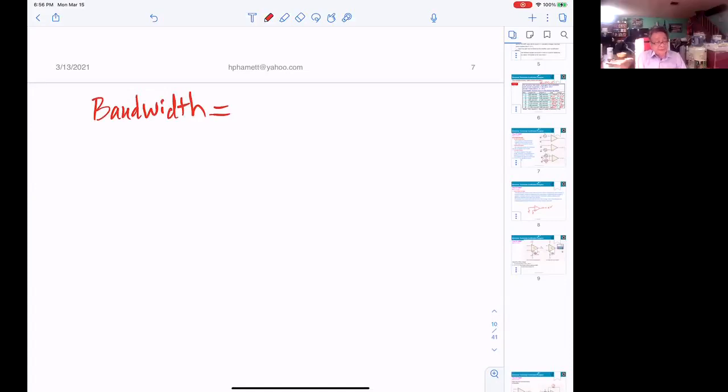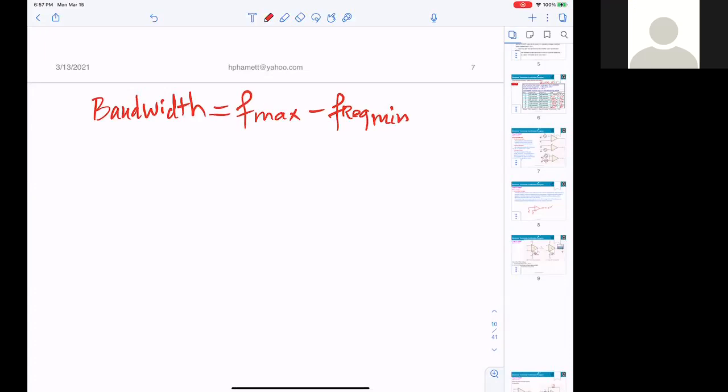Basically, the definition for the bandwidth equals maximum frequency minus minimum frequency. Basically, the range of the frequency they can transmit the signal.